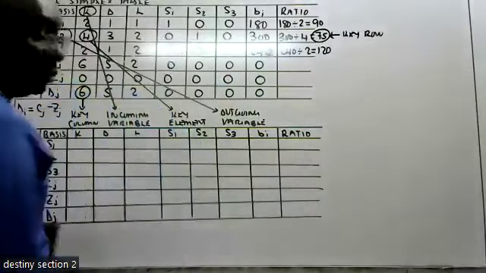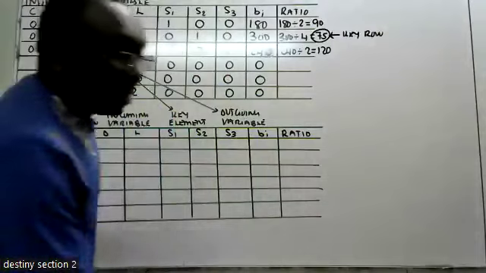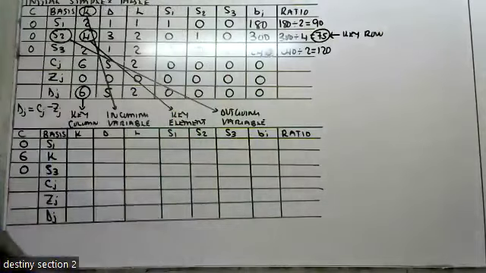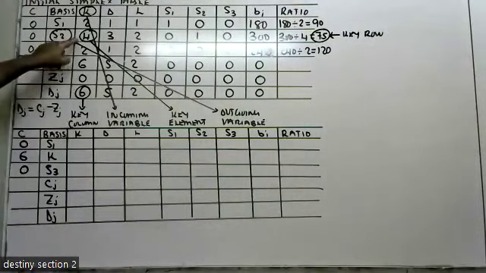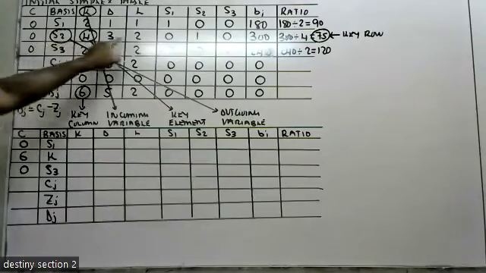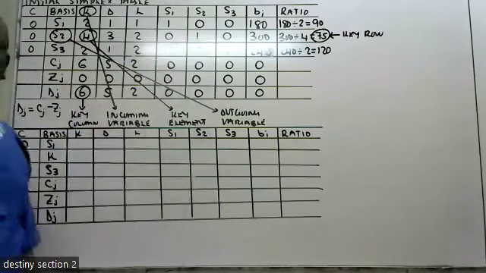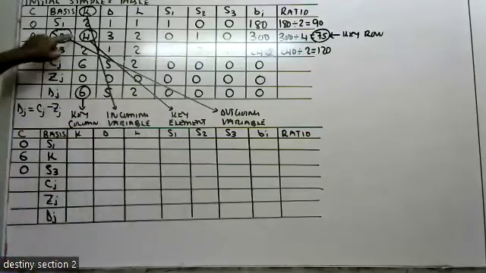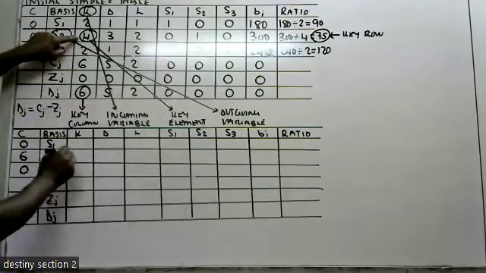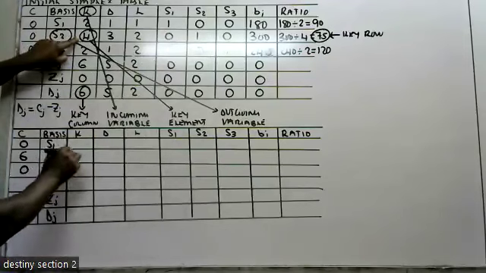So what you do next, you now come here and take this key element, and you divide everything here by that key element. So I will say 4 divided by 4 is 1. You record it here.